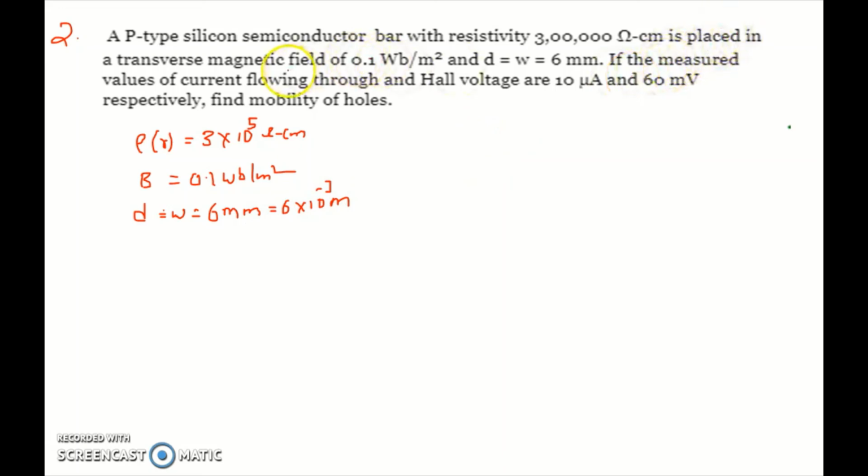Next, the measured values of current flowing through the semiconductor and the Hall voltage are 10 microamperes and 60 millivolts, and he is asking to find the mobility of the holes.